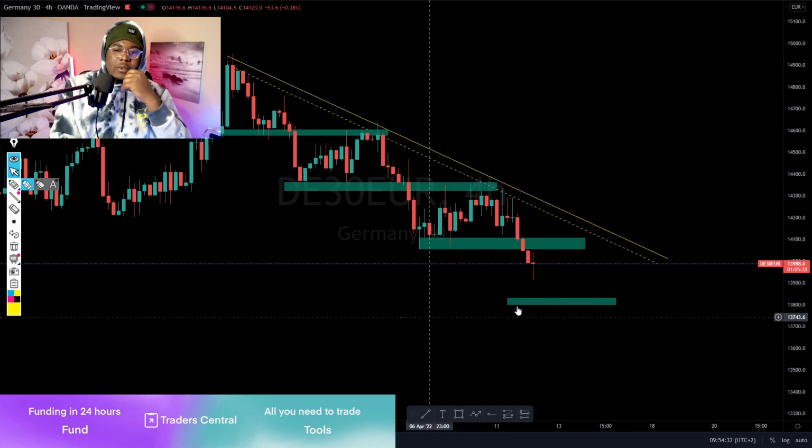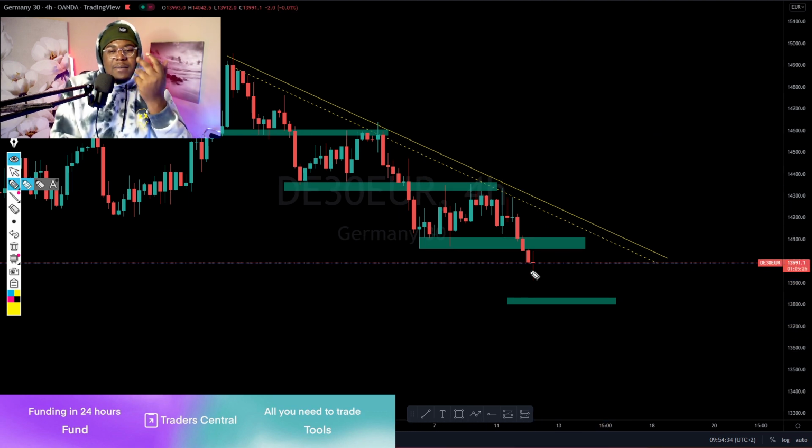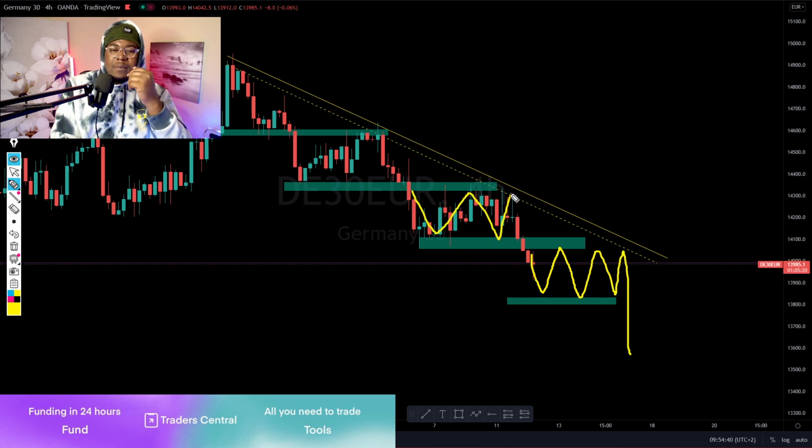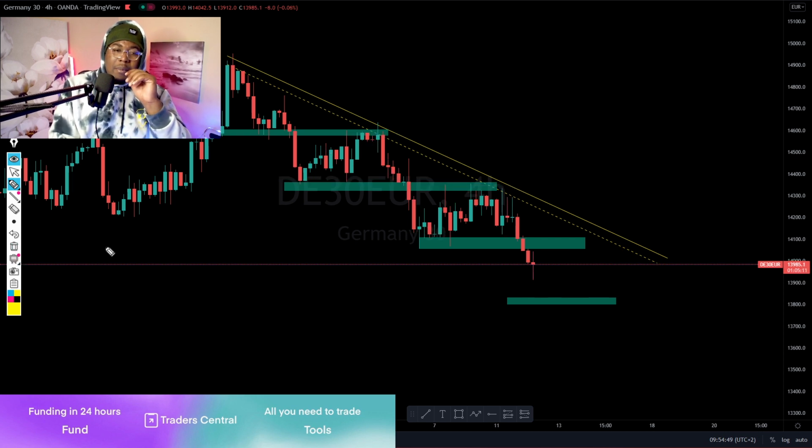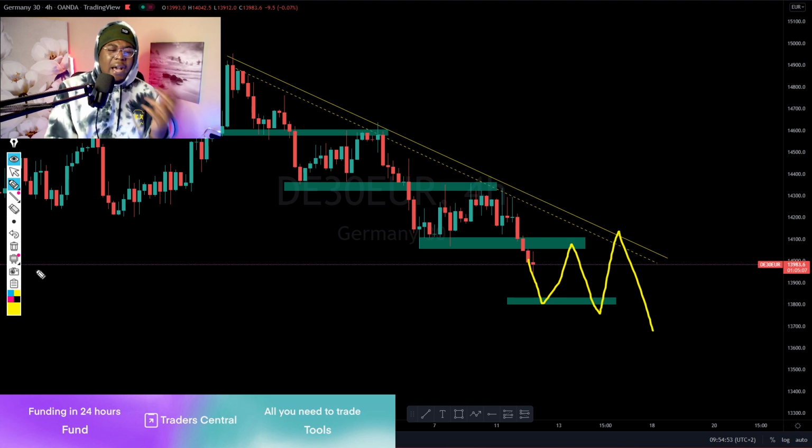So even here, I'm expecting the same thing to happen. It might create something like this before pushing lower, because we can see the market created the same here. If we scale this, we get the same size, but the market wasn't moving exactly the same, just doing a similar thing. So I'm also expecting that to happen here. I hope you understand that.